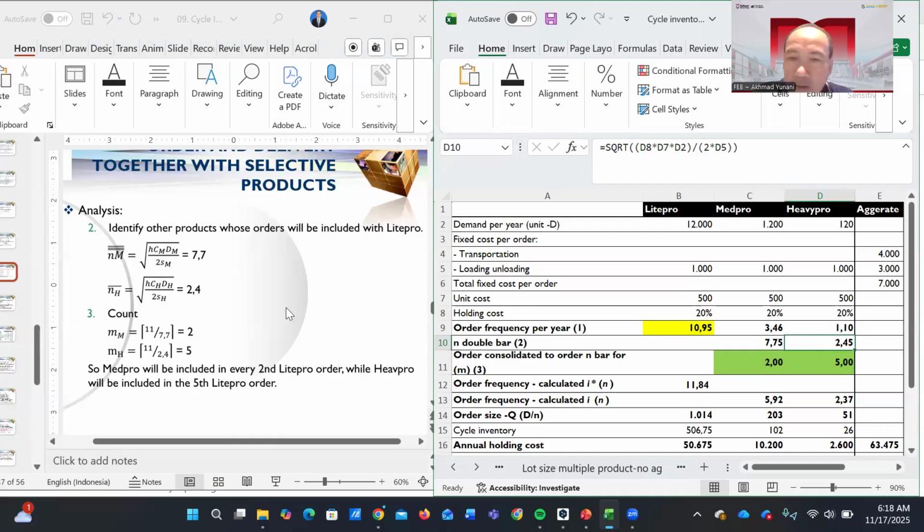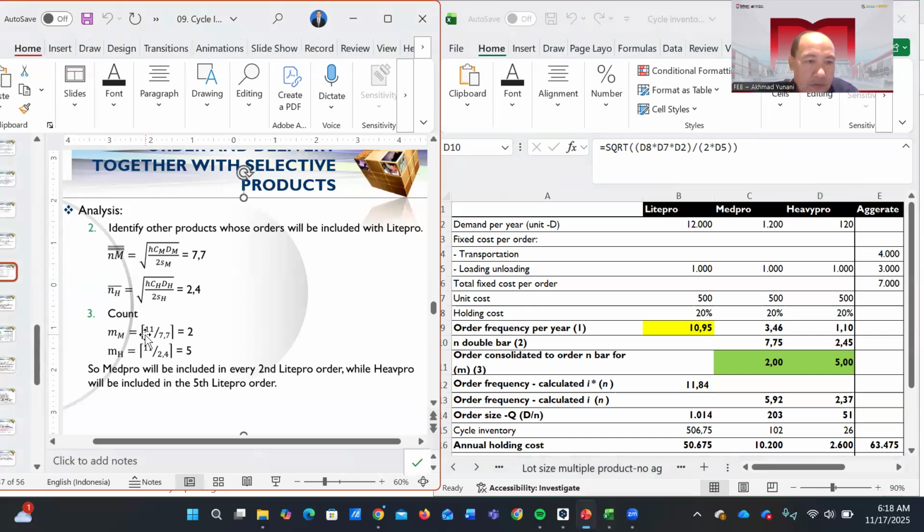Okay, go on the third step. In the third step, we will find in which order the Mac Pro and HiFi Pro must be consolidated or included. Here, we find it by dividing the order frequency per year of Light Pro by order frequency of other brands.